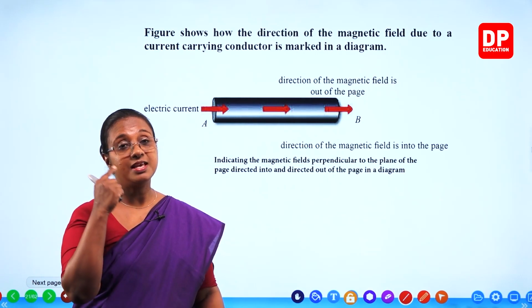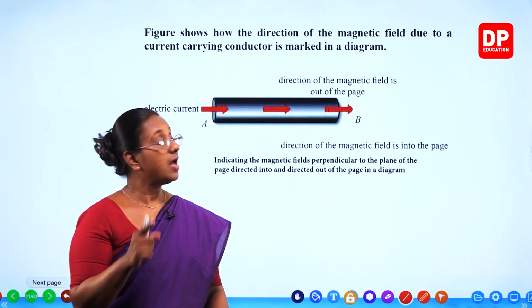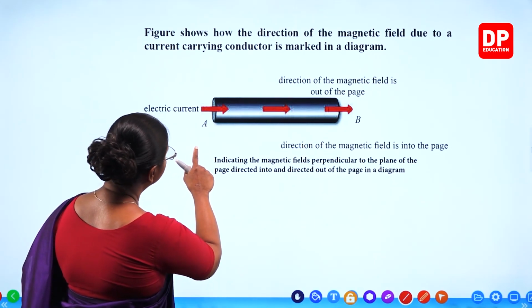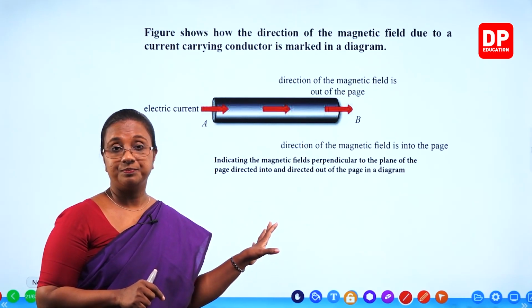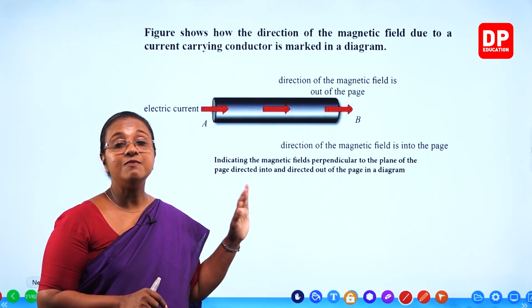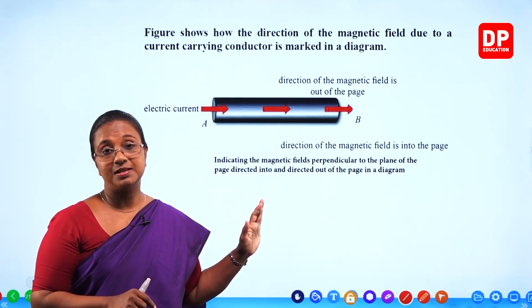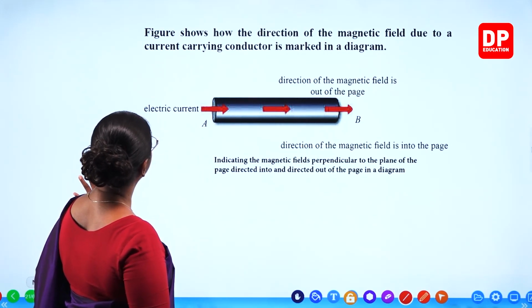So we can either say clockwise direction or anti-clockwise direction. But if we want to show or mark it in a diagram, on a piece of paper, then we need to have symbols. So that is what we will try to understand here.